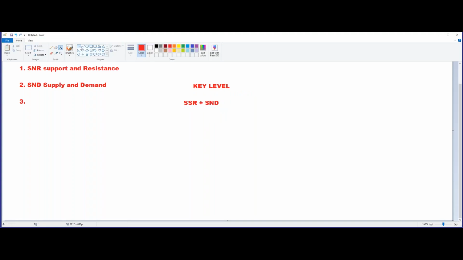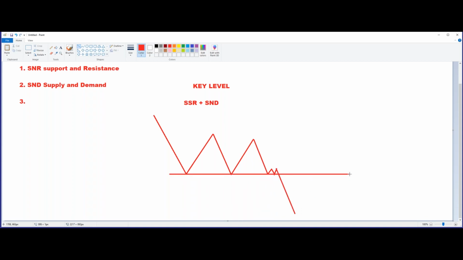For example, you have a significant support being broken by a supply zone, which is in line. We have significant support over here. So this is your significant support.